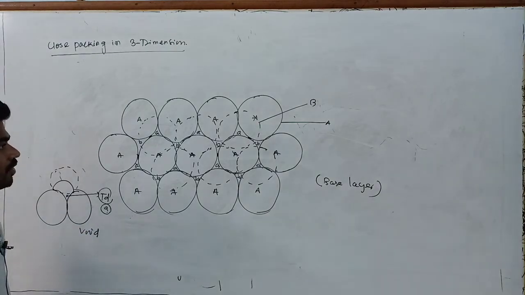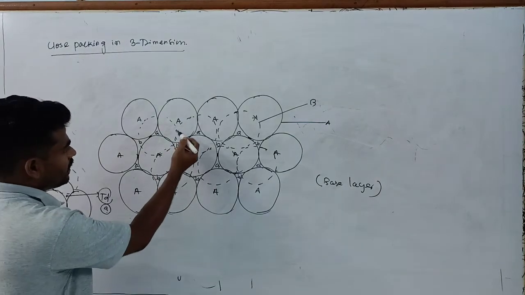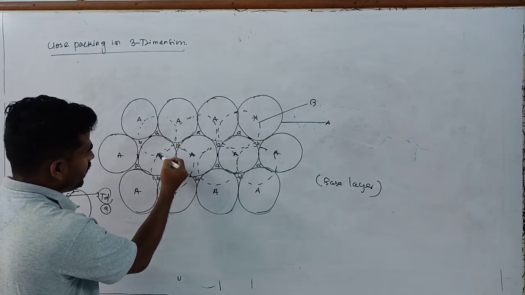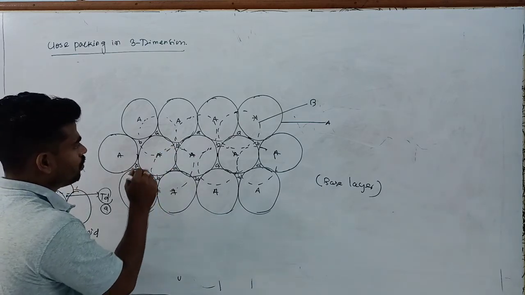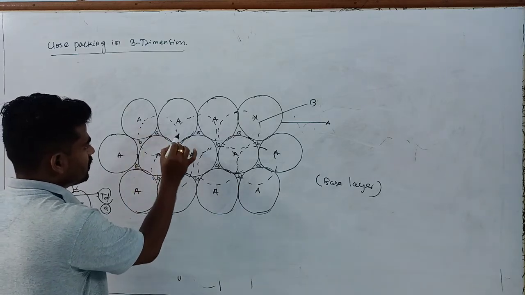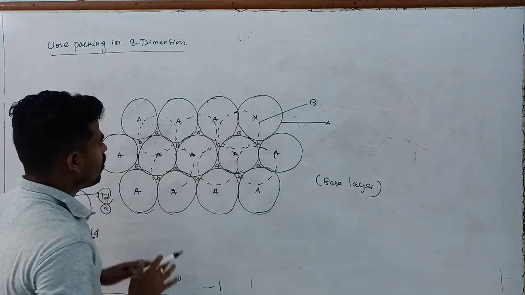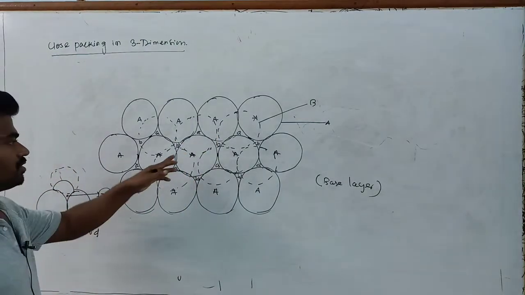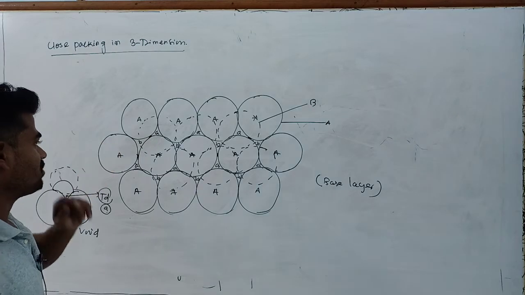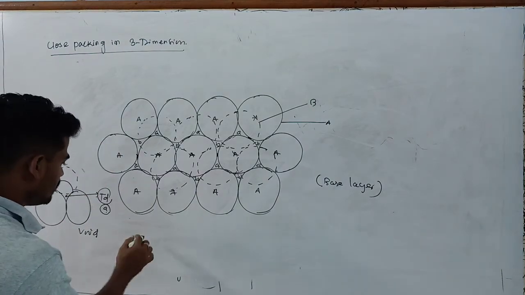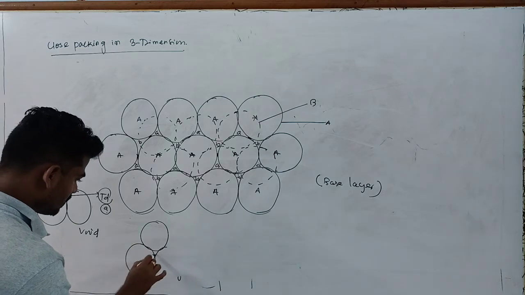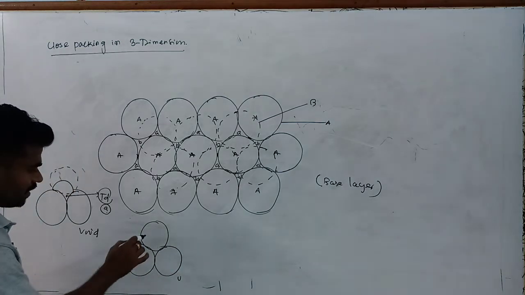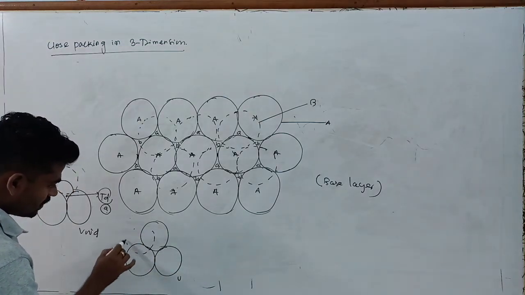Okay, and another void is also created over here. You just see, if I target these 3 capital A of base layer, and you see B is vacant there, B is looking to you, and 3 dotted spheres like this. These are oppositely oriented, opposite apex of a triangle. You see base layer spheres like this, and next the second layer spheres.